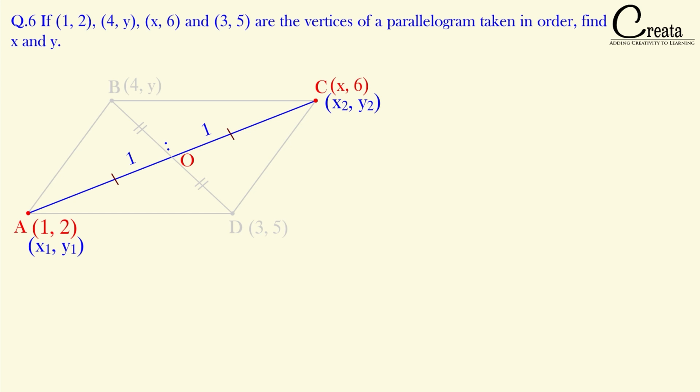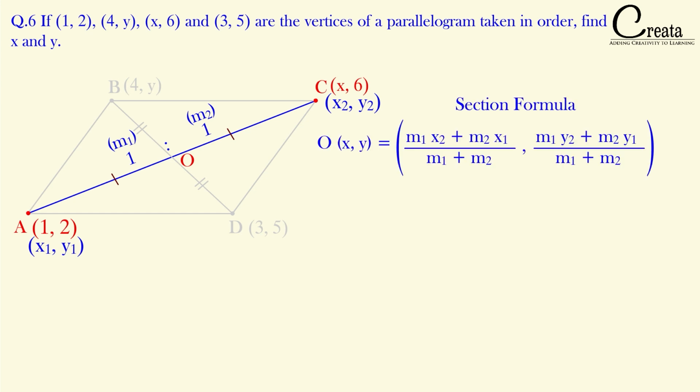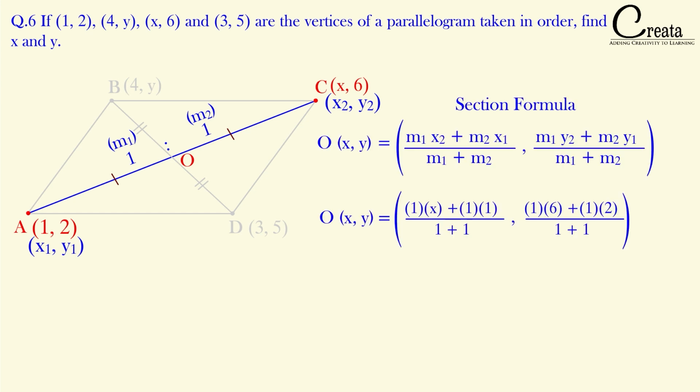Means m1 is to m2 will be equal to 1:1, that is, m1 is 1 and m2 is also equal to 1. So let's apply the section formula. On applying the section formula, we got our x coordinate as (x + 1)/2 and we got our y coordinate as 4.